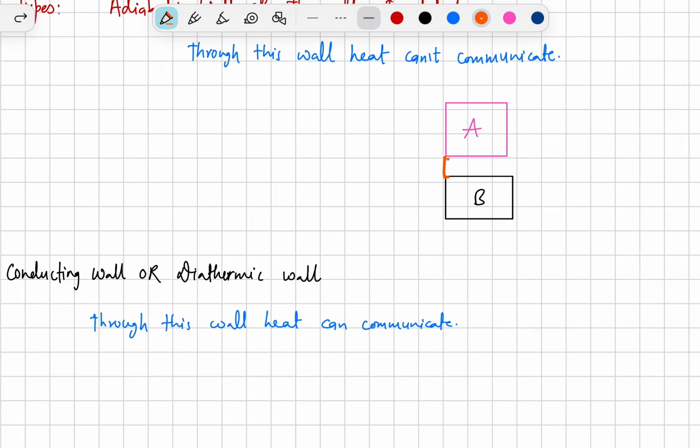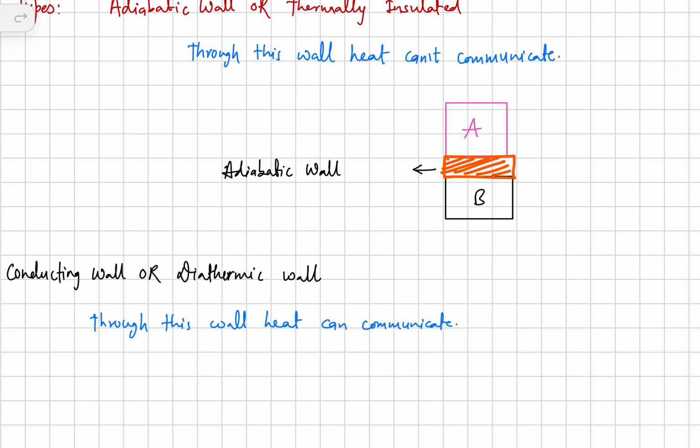That boundary, or you can say the wall, is adiabatic wall. And in most conventions, the adiabatic walls are always drawn diagonal, like this.